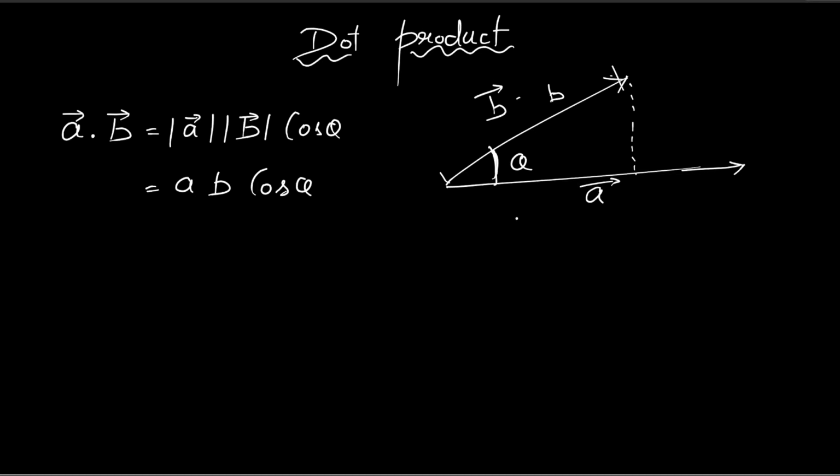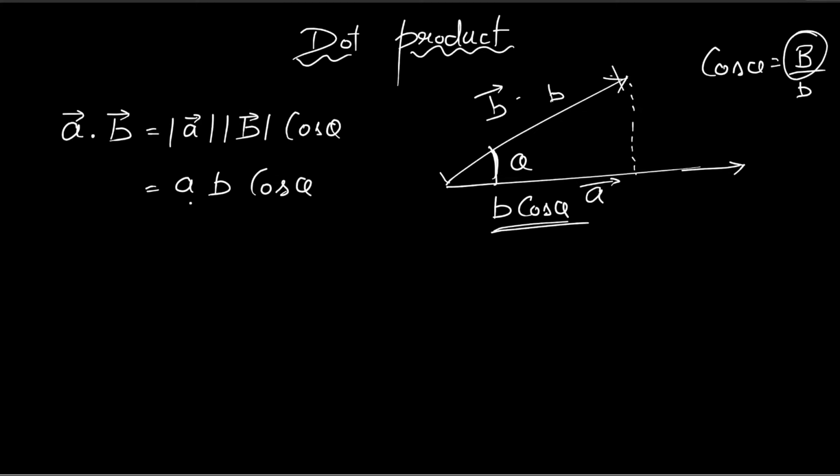It is nothing but B cos theta. If you are not getting it, cos theta is base by hypotenuse. Let me write base as capital B and hypotenuse as B. Then the base value comes out to be B cos theta.